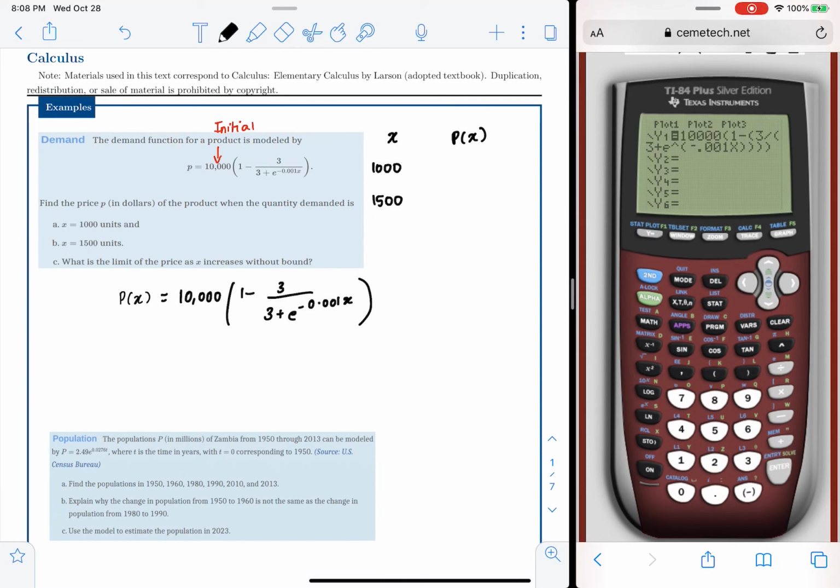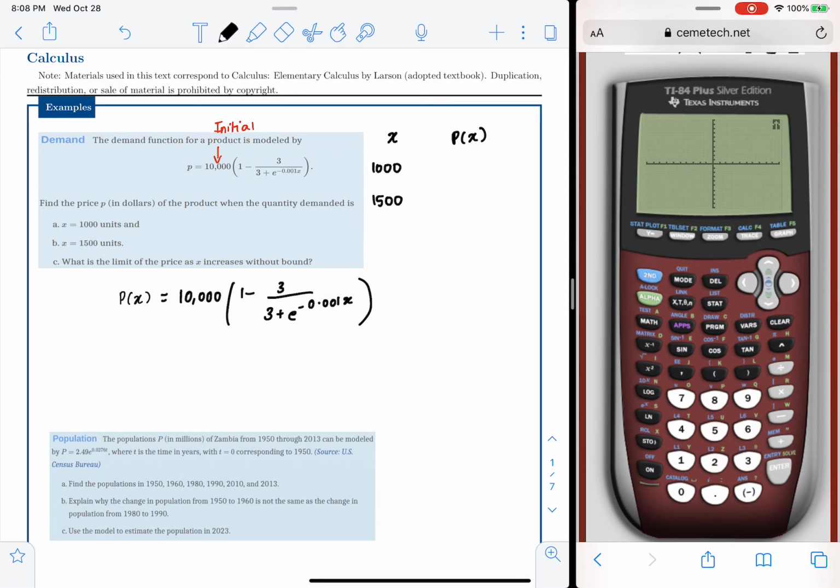And when we graph it, we are going to get a good idea about the function. So as of now, we're not able to see anything because there are things wrong with the window. But I'm going to table set and evaluate values of the price for x equal to 1,000 and x equal to 1,500.